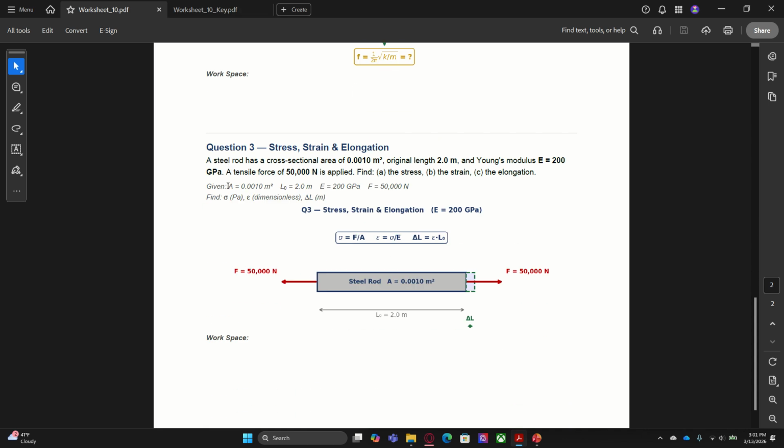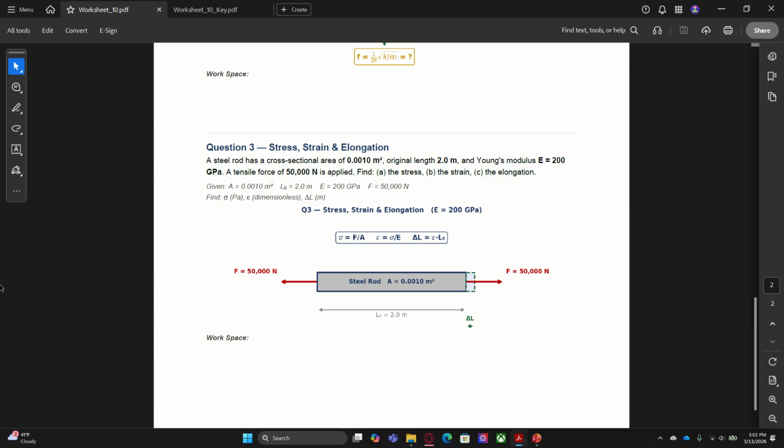And our third problem for this review topic is some engineering terms: stress, strain, and elongation. A steel rod has a cross-sectional area of 0.001 meters squared.